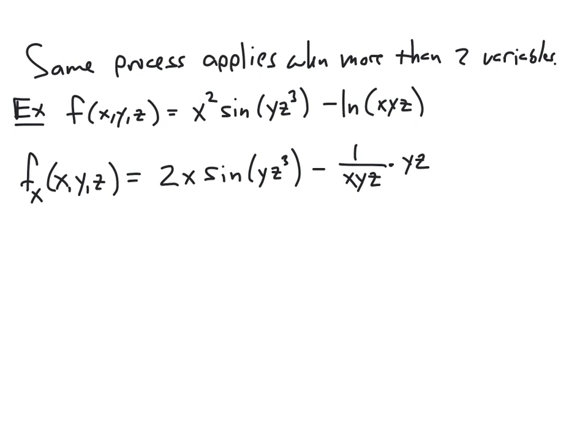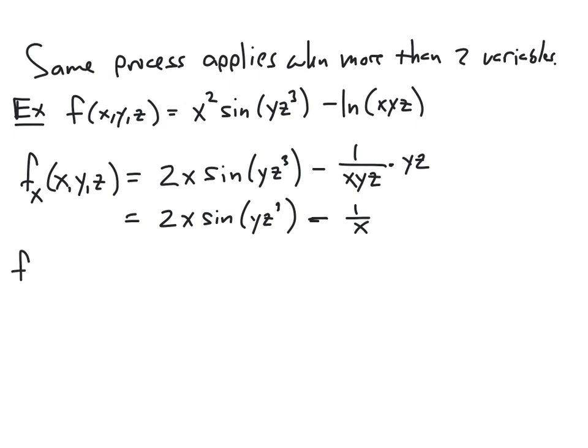Right? And so if we wanted to, this is not absolutely necessary, but we could simplify that at the end. In this case, it makes a lot of sense to simplify this, because this just becomes 1 over x. Right? The y and the z cancel. Right, so this is our partial derivative with respect to x.